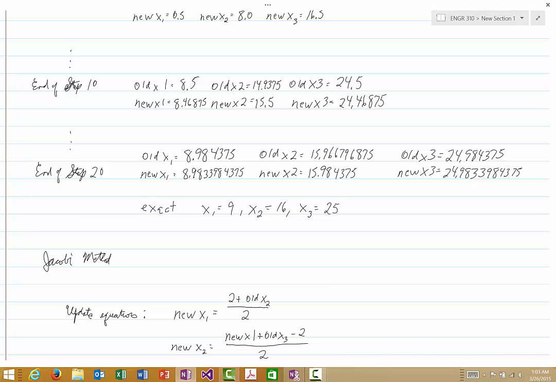There are also iterative techniques that are guaranteed to converge in a certain number of steps. But again, these are typically more complicated than these very simple methods, the Gauss Seidel method or the Jacobi method. But the point of this lecture is just to show you that there is another way.